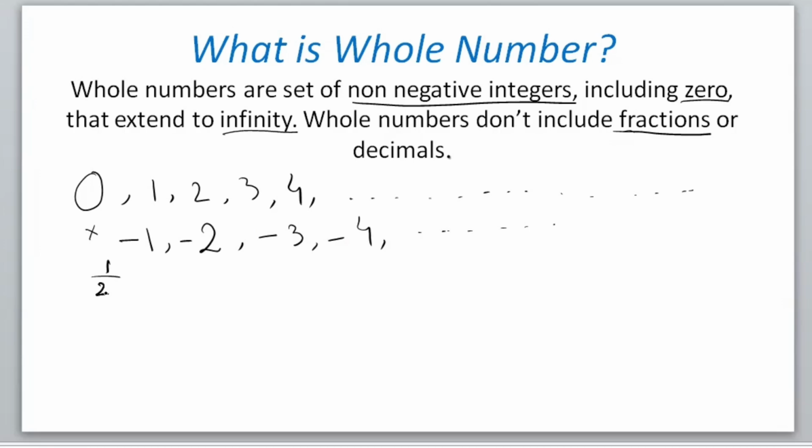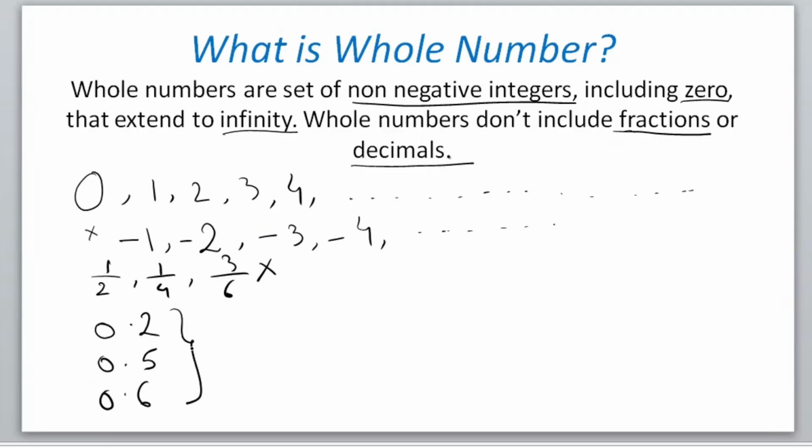It should not be 1 by 2, 1 by 4, 3 by 6. These are called fractions. And the third condition is it should not be in decimal form like 0.2, 0.5, 0.6. If the numbers are in decimal form, then it is not considered a whole number.